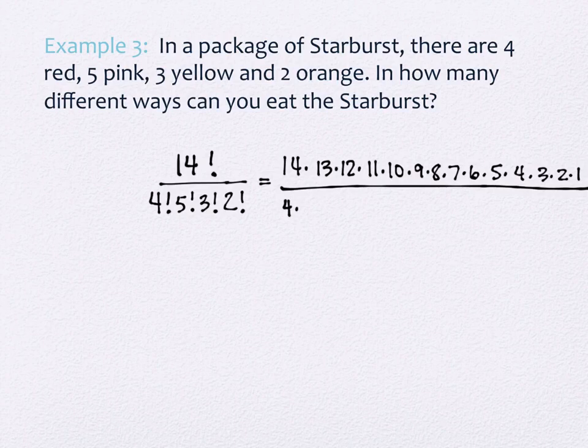So 4, 3, 2, 1, 5, 4, 3, 2, 1, 3, 2, 1, and 2, 1. It's a giant fraction. Everything on top is multiplied, everything on bottom is multiplied.